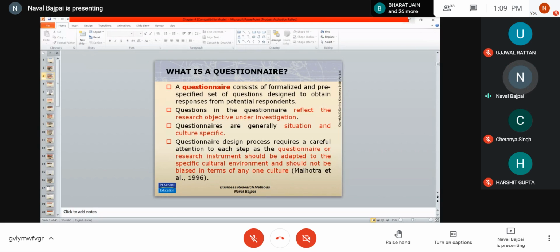But I asked the question: where is the element of research in this class of psychology? I may be able to take a class on motivational aspects. I may be able to deliver well. I may be able to write well. But when I conduct research on motivation, I will have to apply a systematic procedure to capture the motivation of individuals.